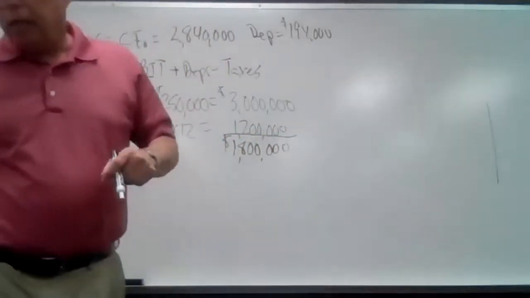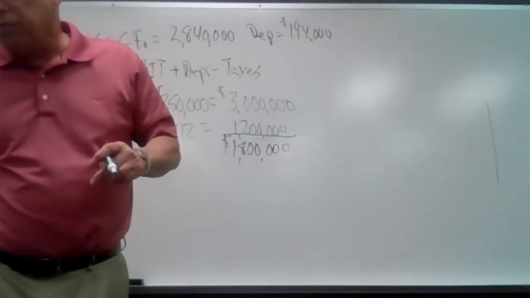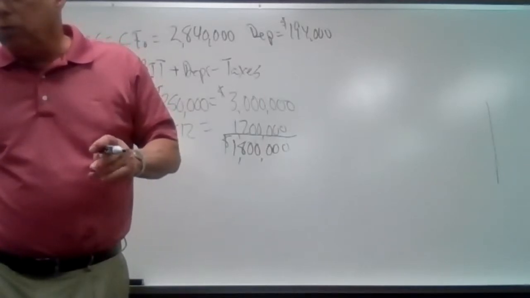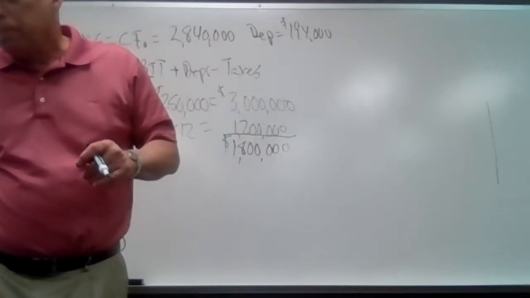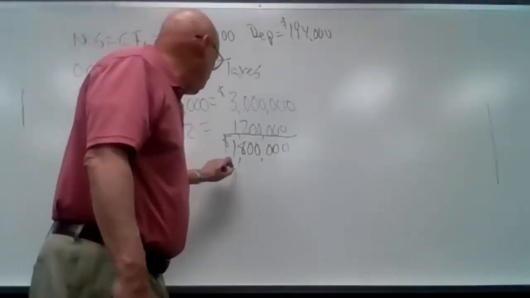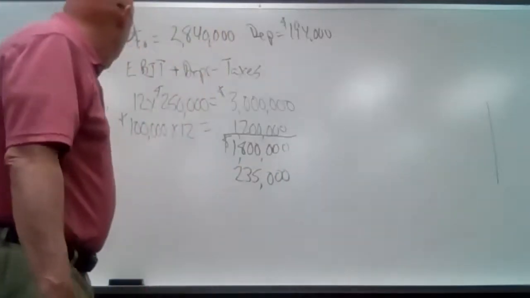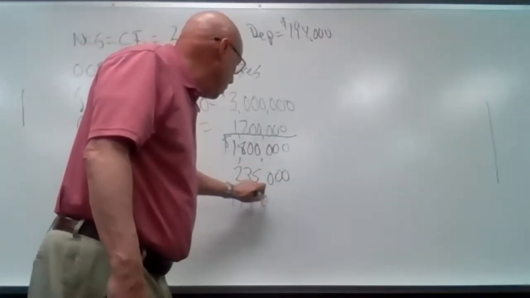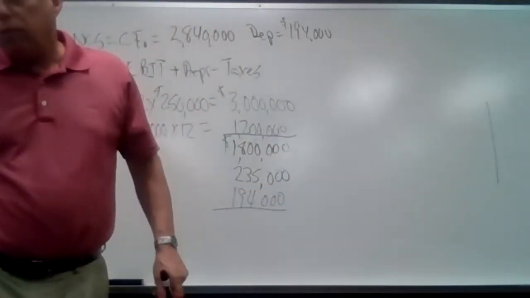All right, SG&A is going to be 35,000 plus 200,000. So that's going to be 235,000. SG&A is 235,000. Okay. And then depreciation is 194,000. Okay. I think that'll get it.